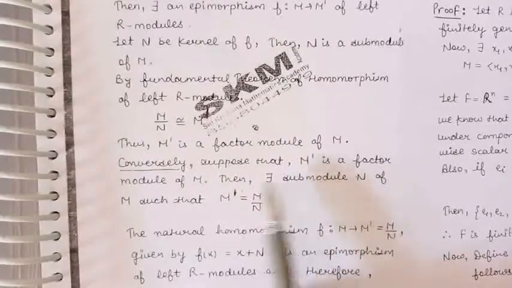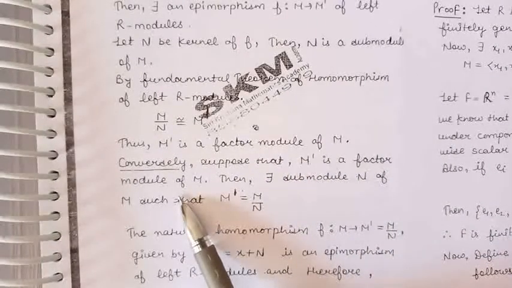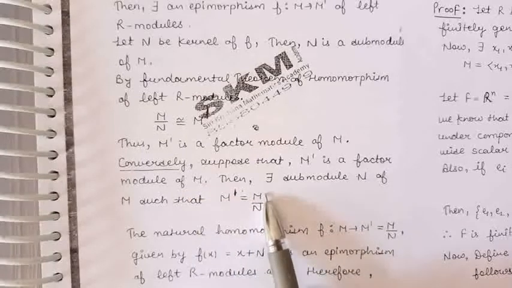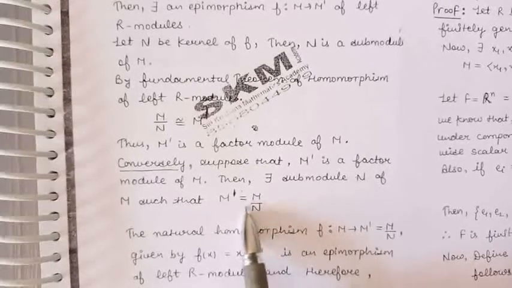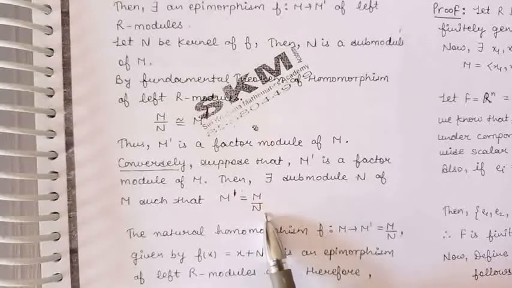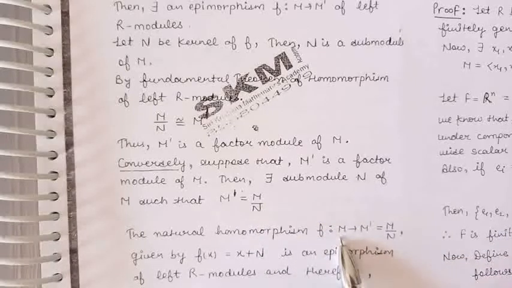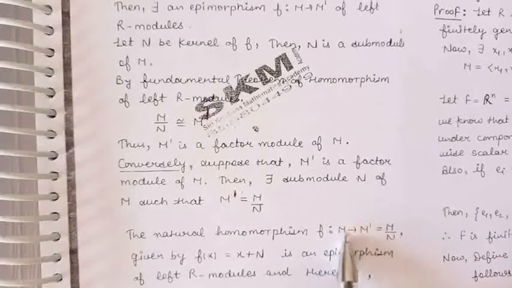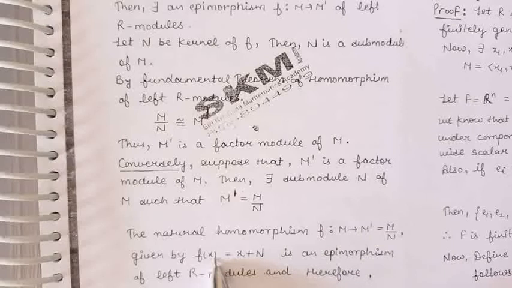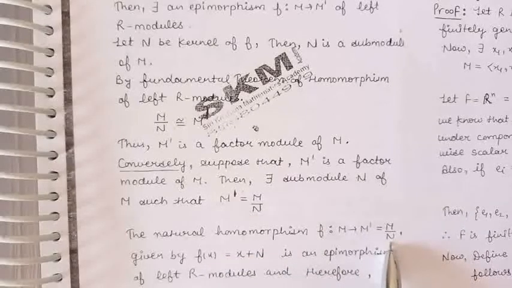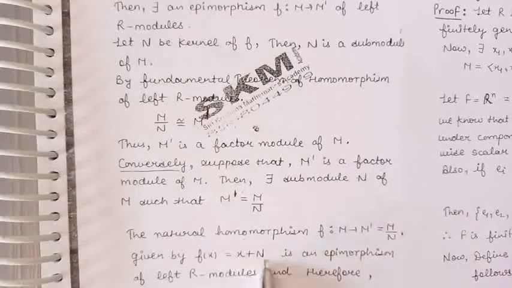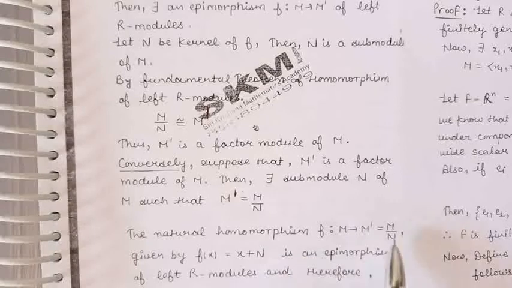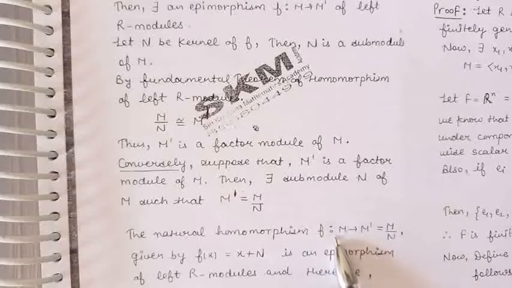So we can say that this M dash is a factor module of M. And also conversely, if we consider M dash as a factor module of M, then by definition, a factor module of M is of the form M by N, where N is some submodule of M. So we can define a natural homomorphism from M into M by N by taking an element X from M. Then the elements of M by N are of the form of cosets, because X belongs to M, so the coset X plus N is an element of M by N. This natural homomorphism is onto, which means this mapping is an epimorphism of left R modules.